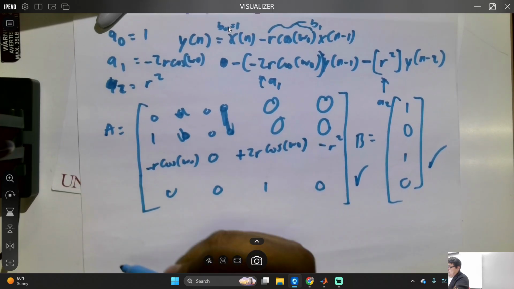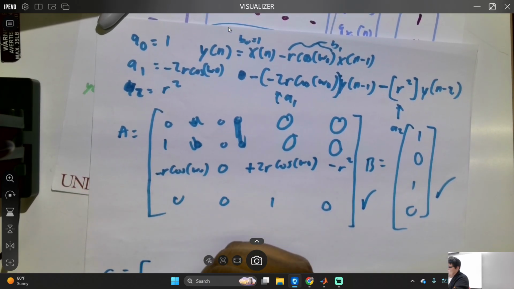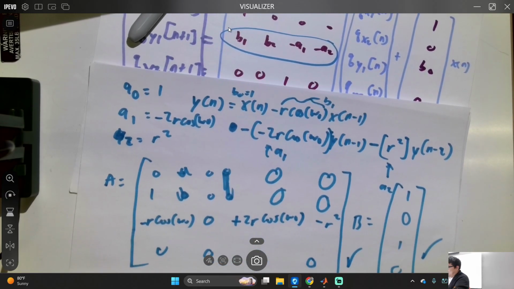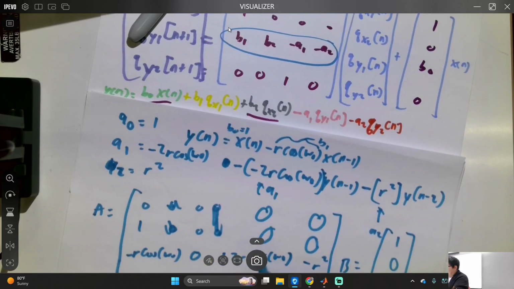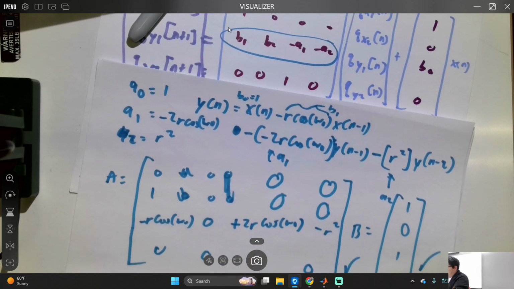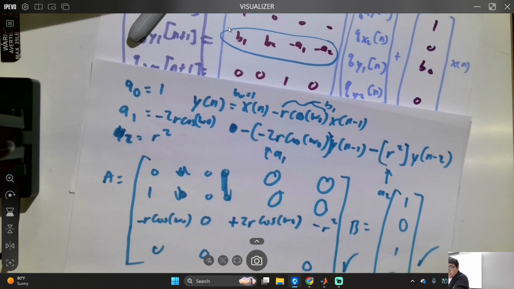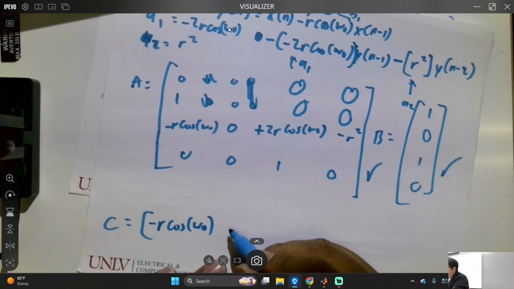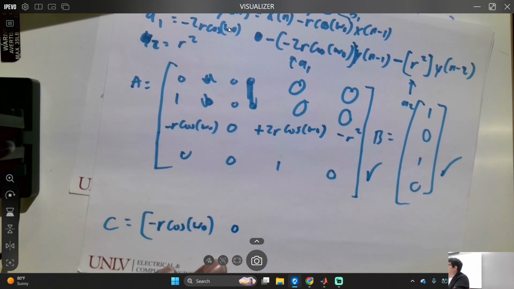What about your C? Well, I already gave you an answer sheet. It's right there. So what are you going to do? What's B1 equal to? B1 is equal to minus R cosine omega naught. And then B2 is equal to 0, correct?